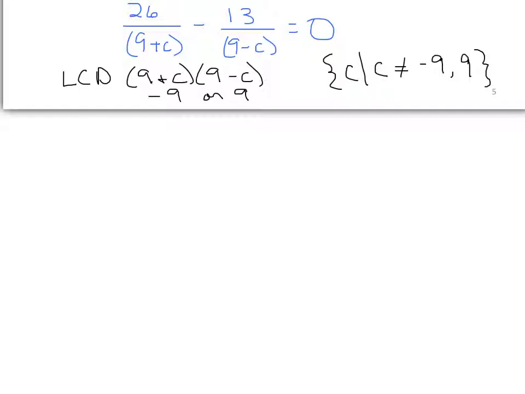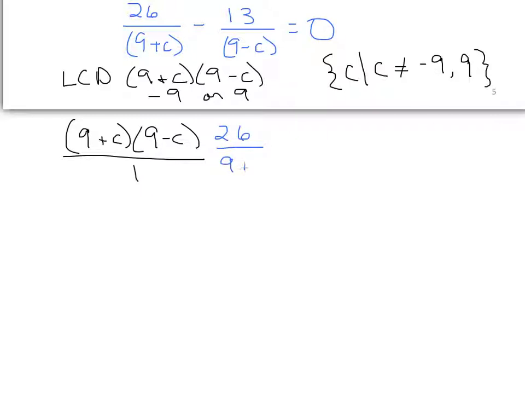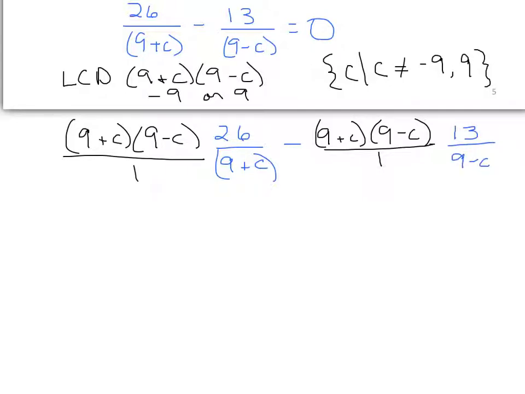So we write (9 plus c)(9 minus c) over 1 times 26 over (9 plus c), minus (9 plus c)(9 minus c) over 1 times 13 over (9 minus c), equals 0. And then let's cancel.